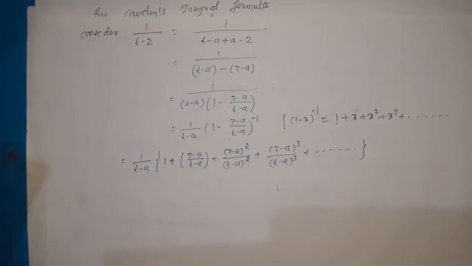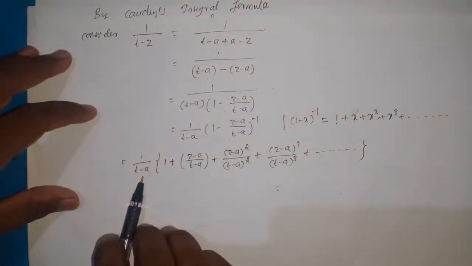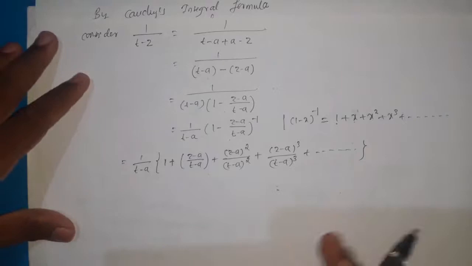So it is an infinite series. And next, multiplying this 1 by t minus a to each and every term.